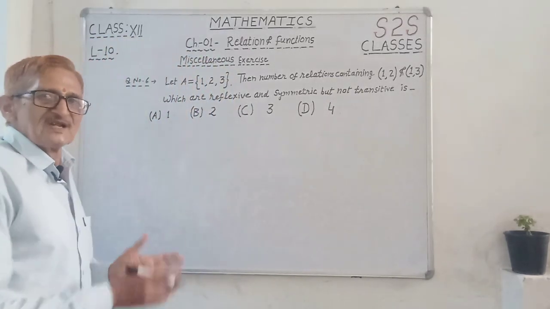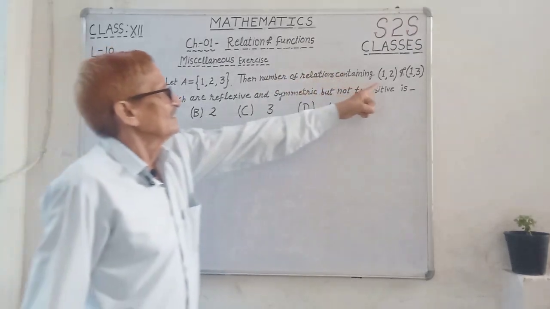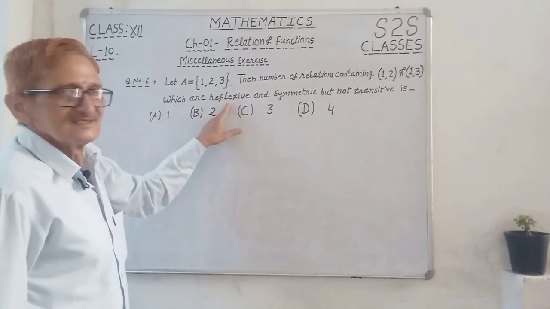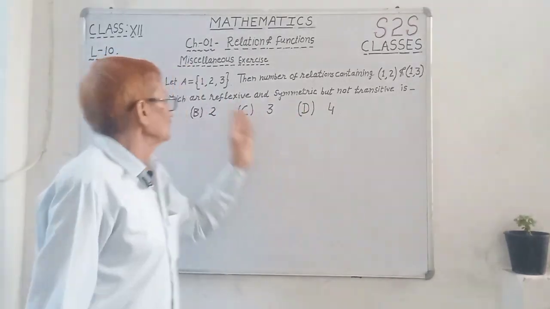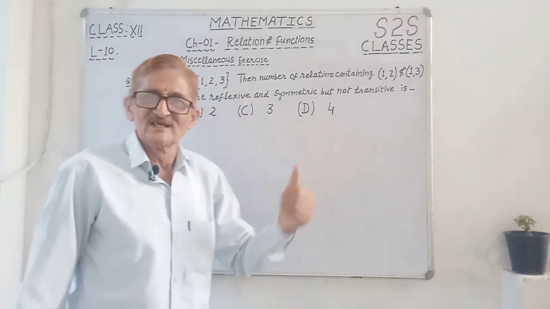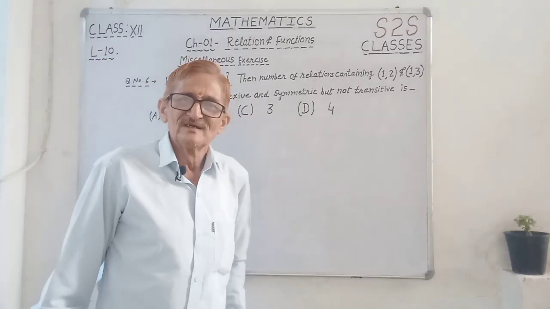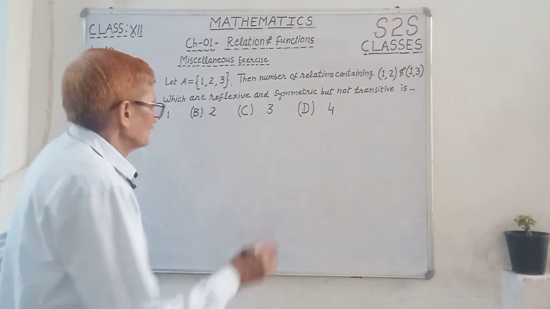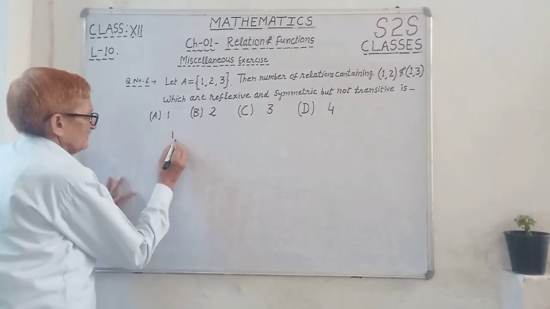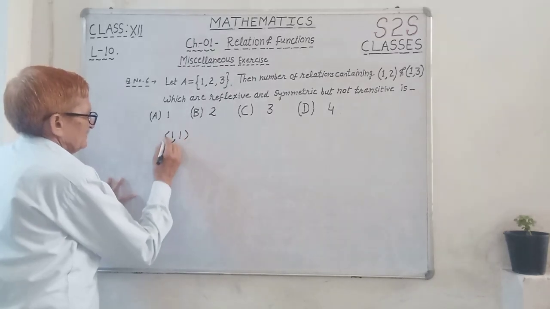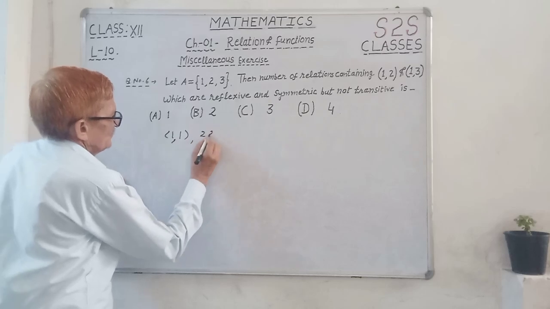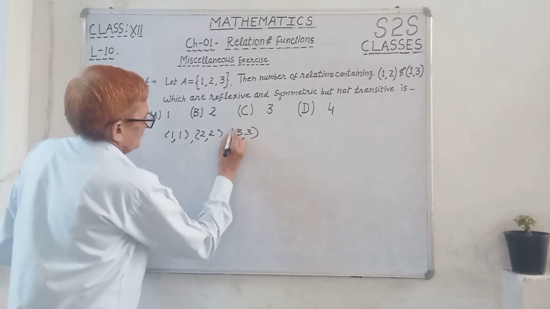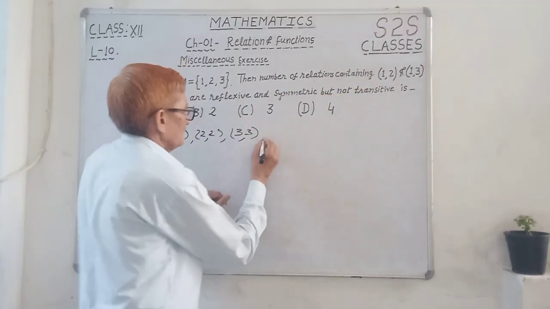Okay, so now you will see, with (1, 2) and (1, 3). Reflexive means (1, 1), (2, 2), (3, 3) must be there because it is on set {1, 2, 3}. So for every a belongs to set A, (a, a) must be in the relation. So we should write (1, 1), (2, 2), (3, 3) for the reflexive, and (1, 2) is given.